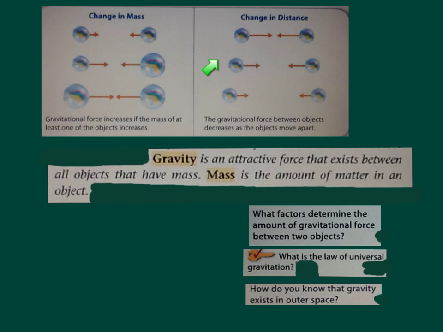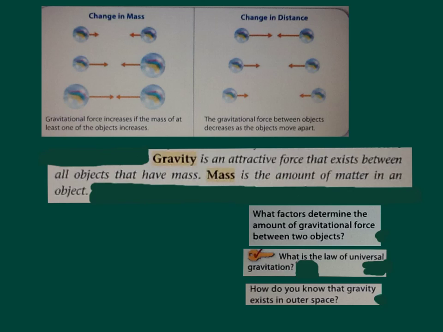But as we move the objects farther apart, what happens to the arrows? They get smaller because the force between those two objects is decreasing. As we move it further apart, again, smaller arrows. So what I need you to remember is this: the gravitational force between objects decreases as the objects move apart.